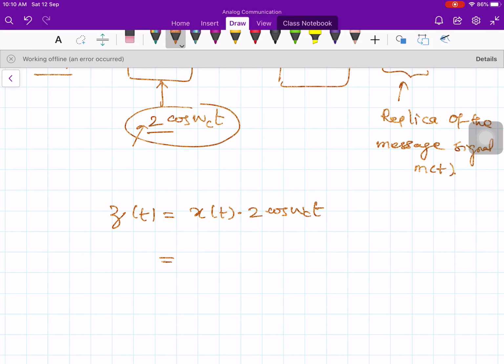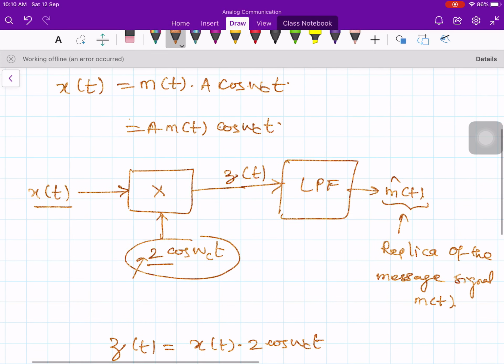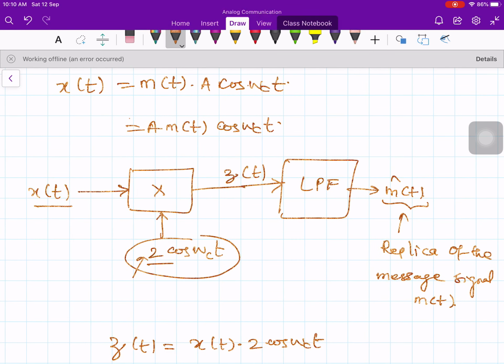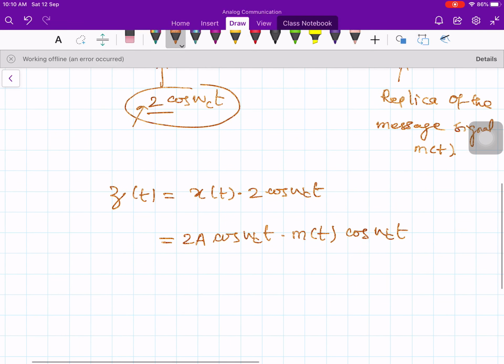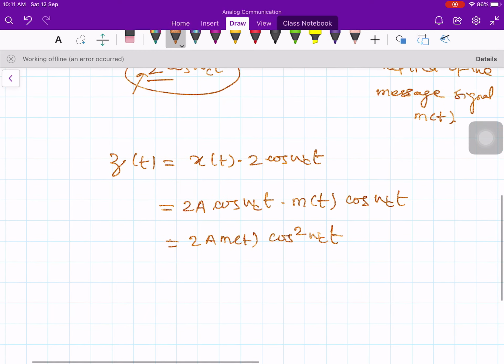Therefore z of t is equal to x of t, which we know is A times m of t cos omega c t, multiplied by 2 cos omega c t. Then this is 2 times A times m of t cos square omega c t.